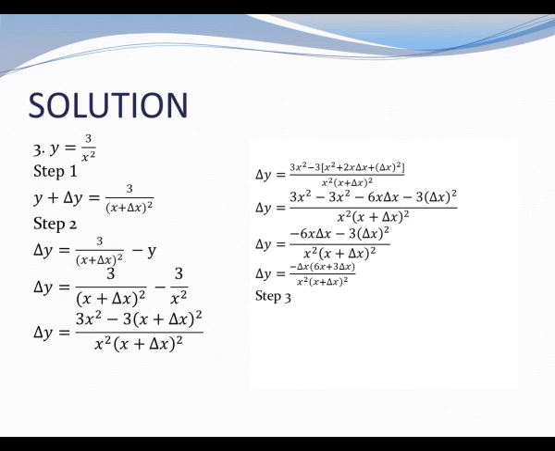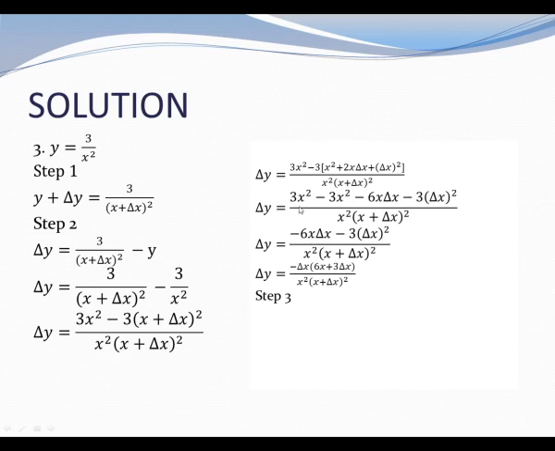And then by expanding the expression x plus delta x squared, this is now x squared plus 2x delta x plus delta x squared, and then distribute the 3, so this is now negative 3x squared, negative 6x delta x, and negative 3 delta x squared.